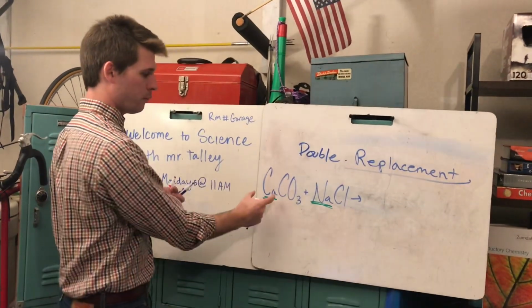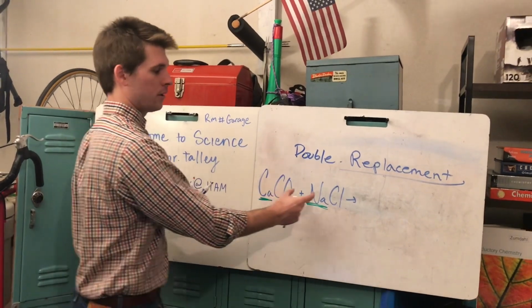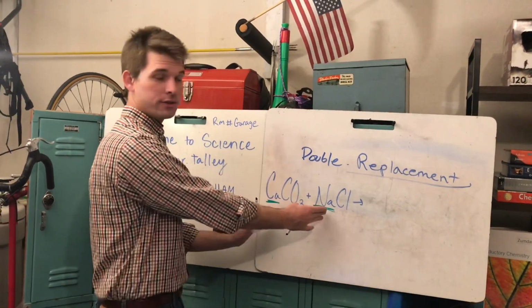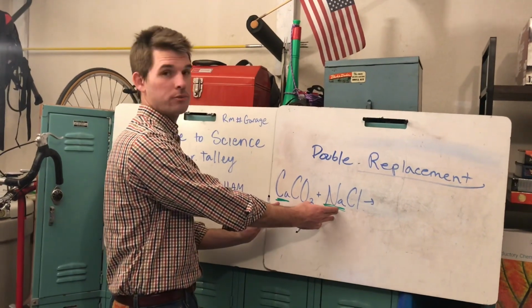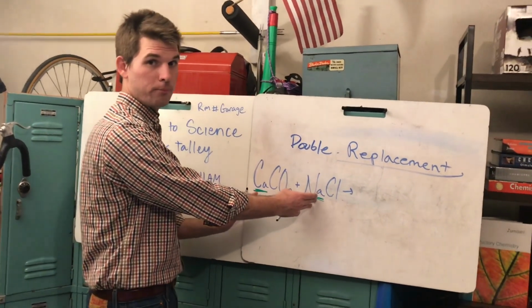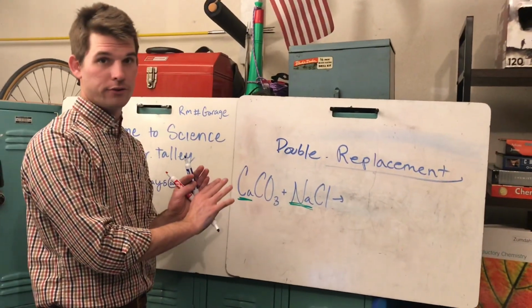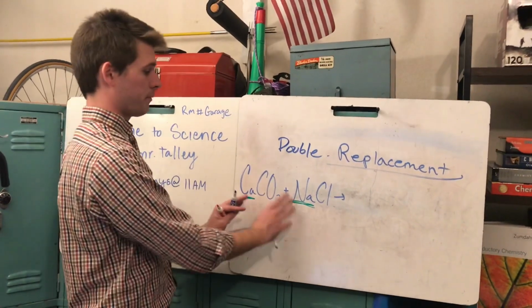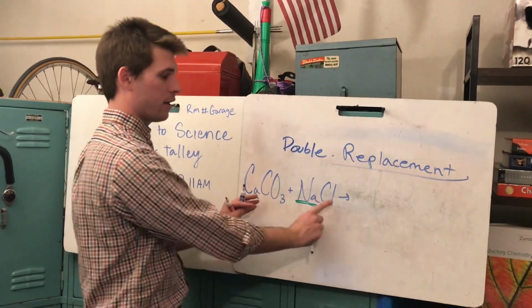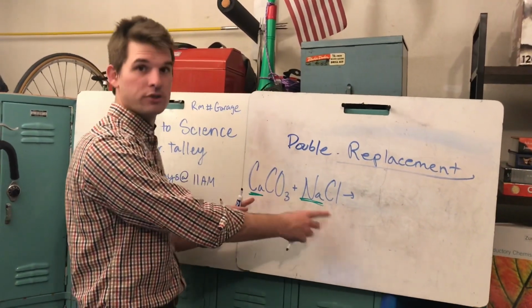So calcium and sodium are going to have new partners. Don't put the calcium and the sodium together, because these are both metal cations. They both have a positive charge. They don't want to be bonded together. They don't have any attraction to each other. But the anions are attracted to the cation. So we're going to switch those partners.